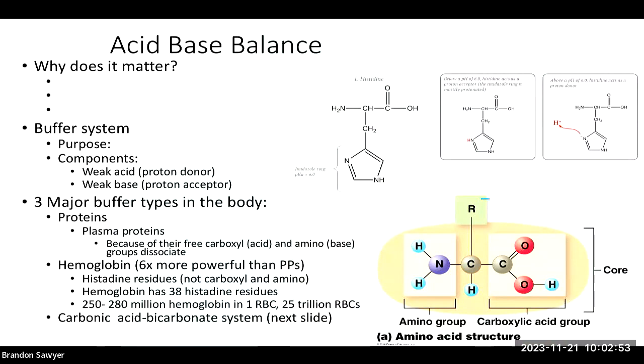A few reasons why it matters. Enzyme function, right? All of our proteins are pH sensitive, right? And all of our enzymes are proteins. Almost all of our reactions need enzymes in one way or another. And so pH is very important for that, right? We can have proteins denaturing, right? That can be similar to what we're just talking about with enzyme function, but could also be structural proteins as well, right?